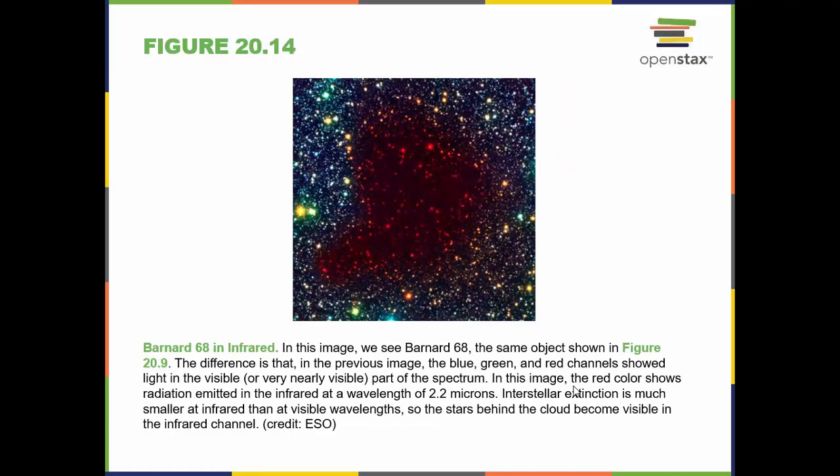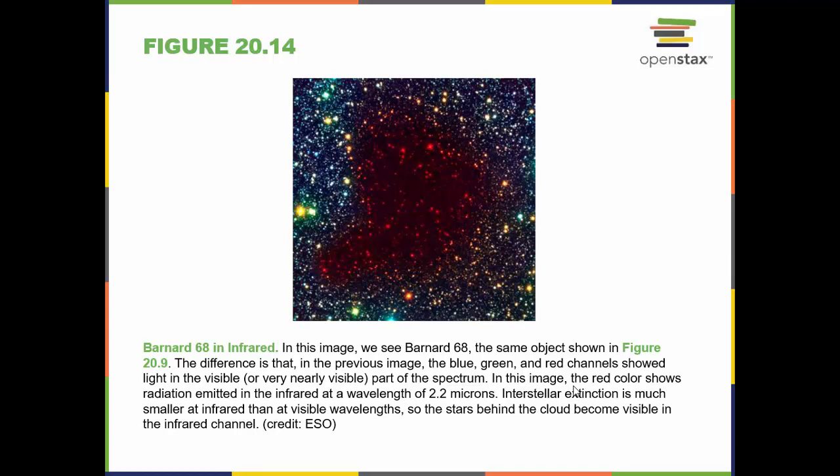Once again, if we look at the infrared image, this is Barnard 68, the same object shown in a previous figure, and remember that figure showed a dark cloud that we just couldn't see through, so it showed up as black. The difference from the previous image is that the blue, green, and red channels showed light in the visible or very near visible part of the spectrum.